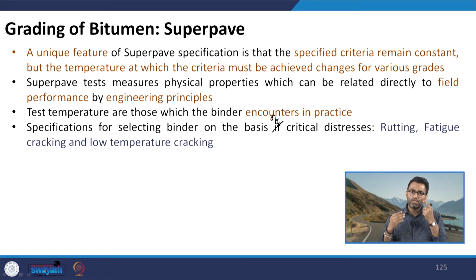Okay. So, since these are the three critical distresses, we are going to test the binder to see if the binder can resist these three failure criteria at the location where we are going to use it.